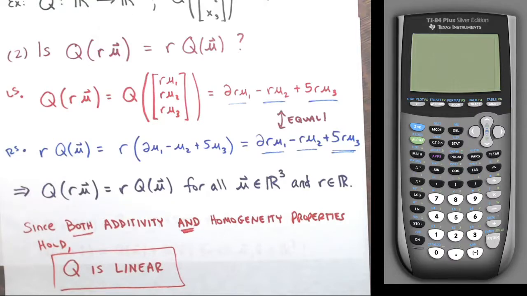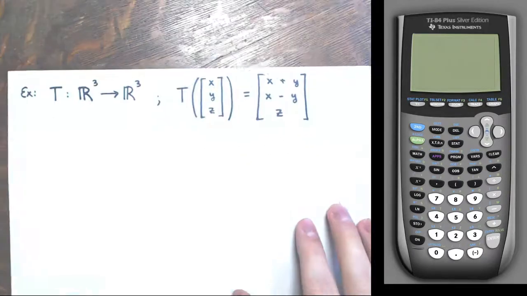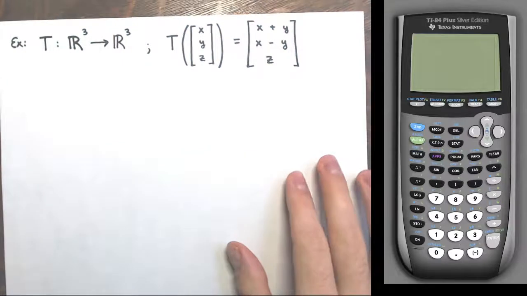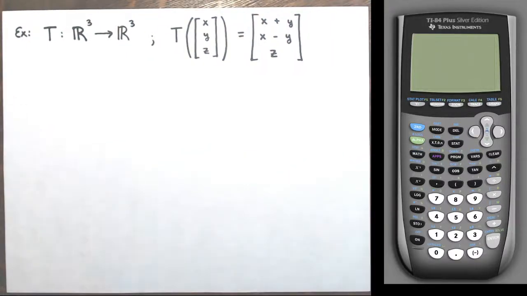Okay, moving on. Next example. All right, so here, I've got an operator, the domain and codomain are the same. You see I'm doing the same thing every time. When asked, is this transformation or operator a linear transformation or linear operator?